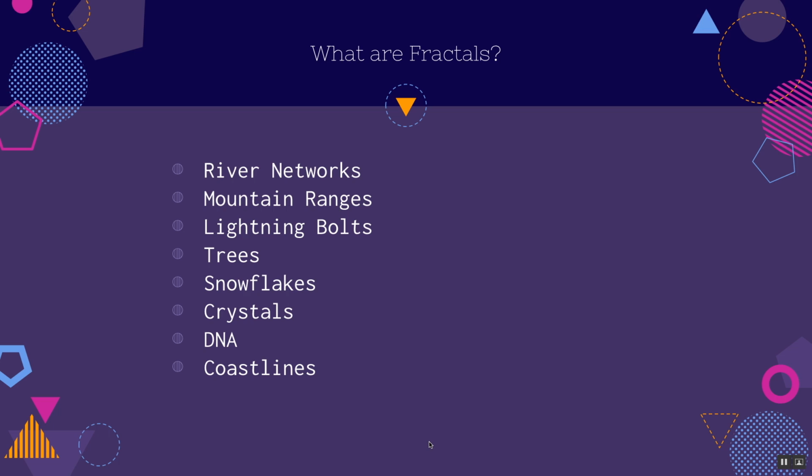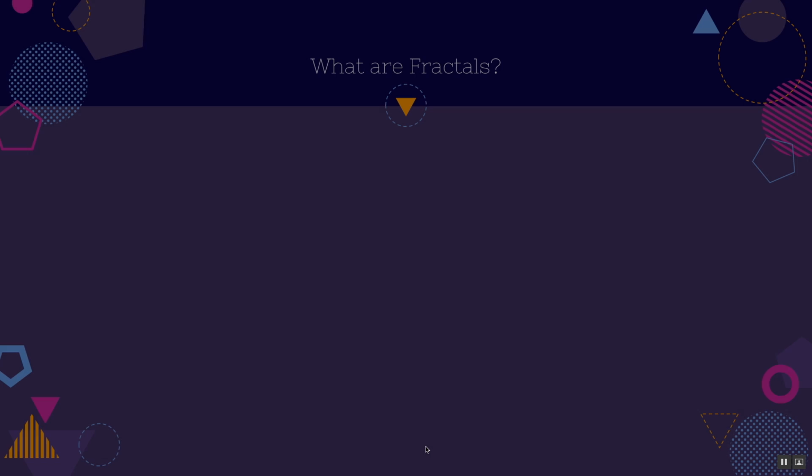Examples of fractals in real life are things such as river networks, mountain ranges, lightning bolts, trees, snowflakes, crystals, DNA, and of course, coastlines.